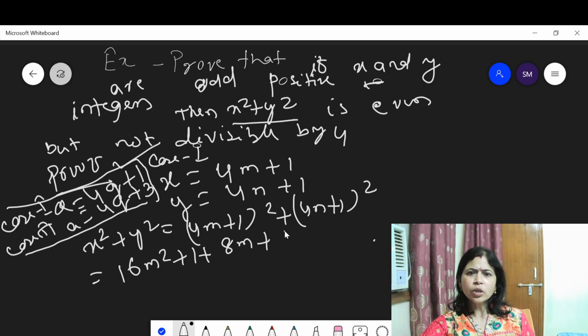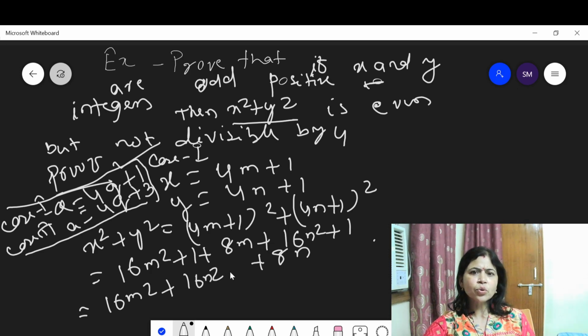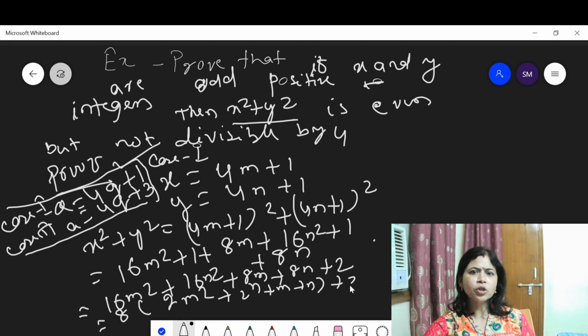Here also the same: 16n square plus 1 plus 8n. Then here 16m square plus 16n square plus 8m plus 8n plus 2. Then taking common, this is 2 into (8m square plus 8n square plus 4m plus 4n plus 1).